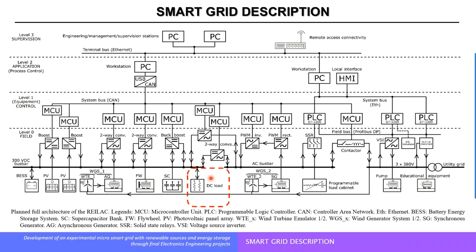Finally, obviously, we have some loads, some consumers. We have consumers in the DC part of the grid. We have a nice programmable RLC cabinet controlled by solid-state relays which switch loads to produce stepwise variable load in R, L, and C, and that's controlled by a PLC here.